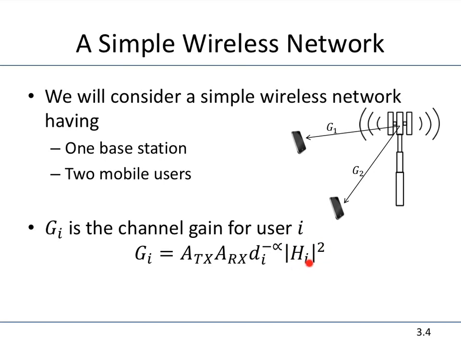Depending on this, we have a specific gain, and this is actually the path loss gain. So here H refers to the fading, and DI refers to the path loss, and you have the gain for the transmitter antenna and the receiver antenna. Usually those are fixed.